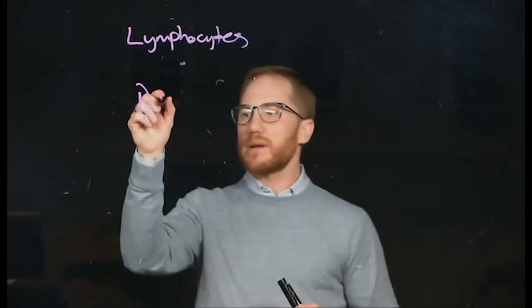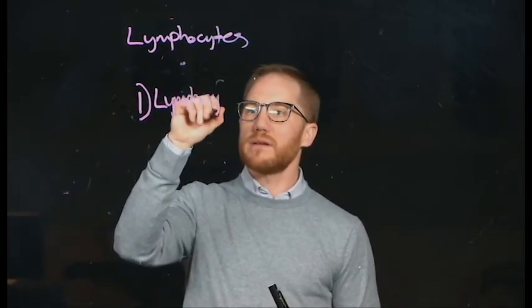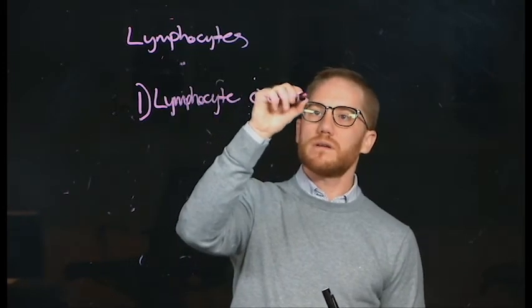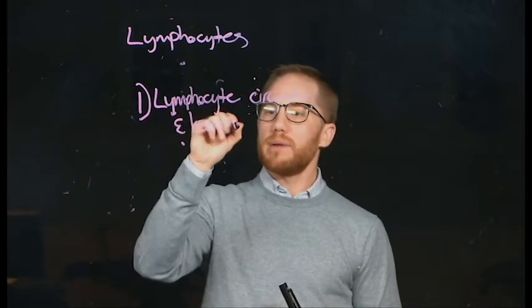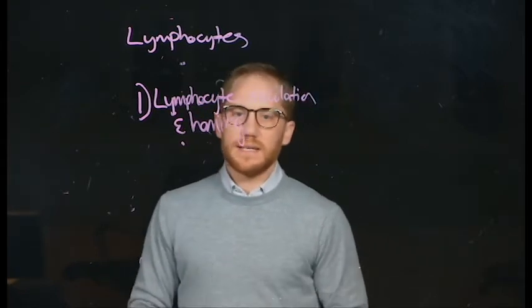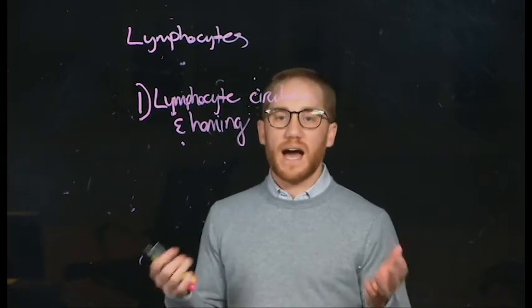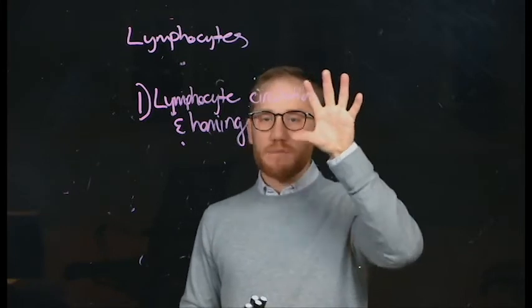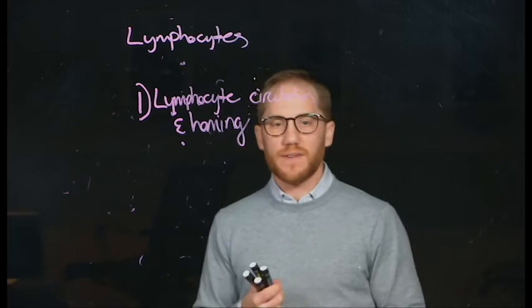So there are two major ways that that lymphocyte can eventually see that antigen. The first one is lymphocyte circulation and homing. Basically all of this means is that your lymphocytes are driving on the highway almost constantly, and the highway is represented by your lymphatics and your vasculature.